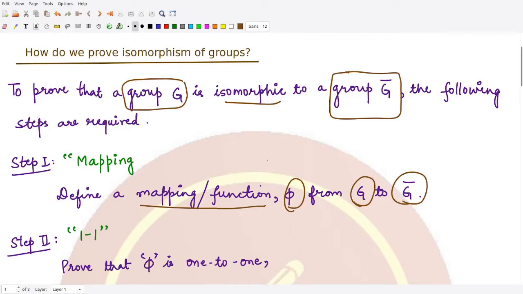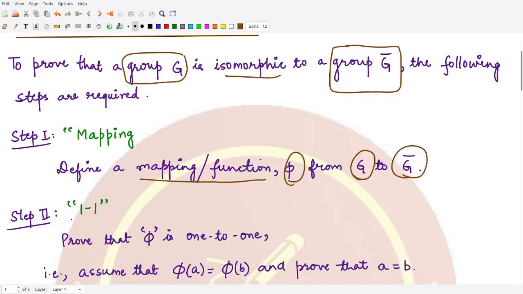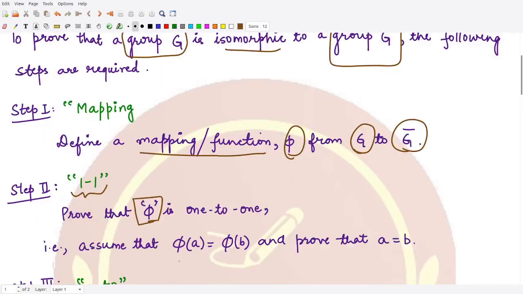Now once we have a mapping phi, next the mapping phi should be 1 to 1. So how will you prove that a given mapping phi is 1 to 1? For that, we will assume that phi of A is equal to phi of B. That means the images of two elements are equal to each other. So we will prove that their pre-images are also equal, so A is also equal to B here.